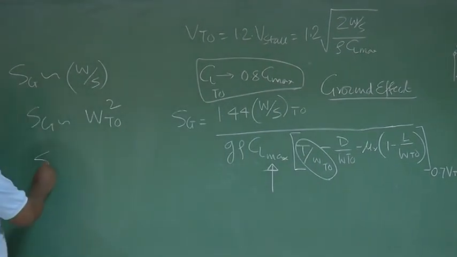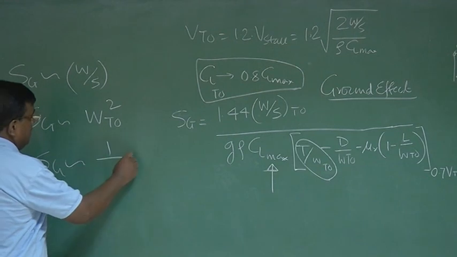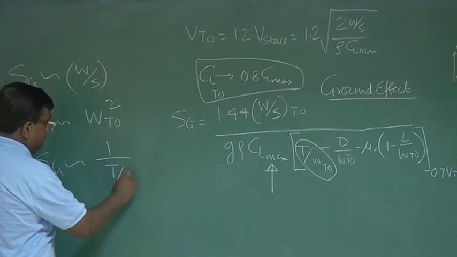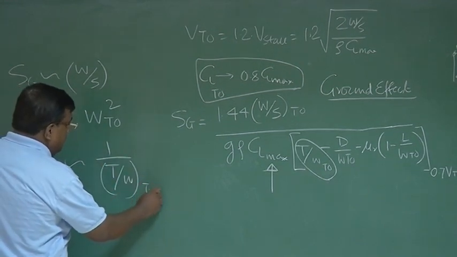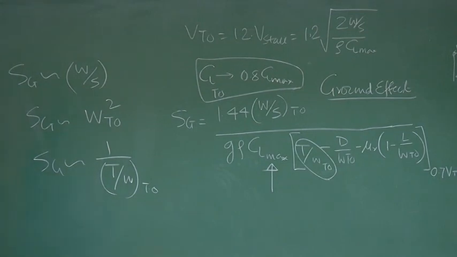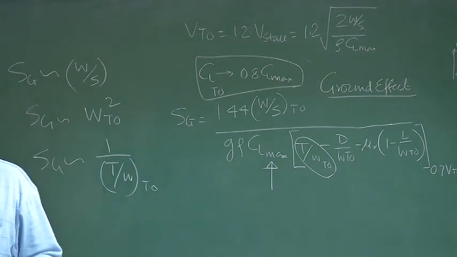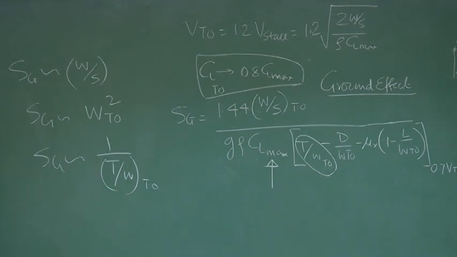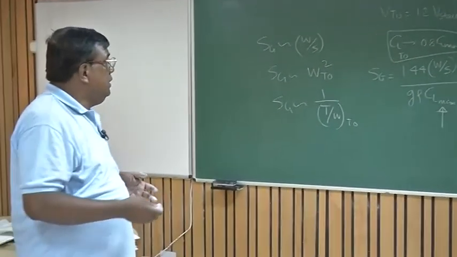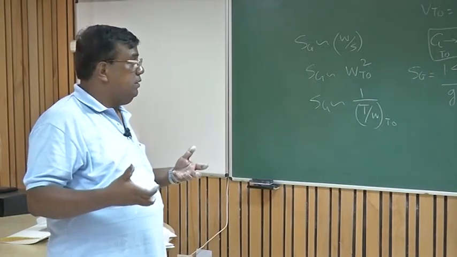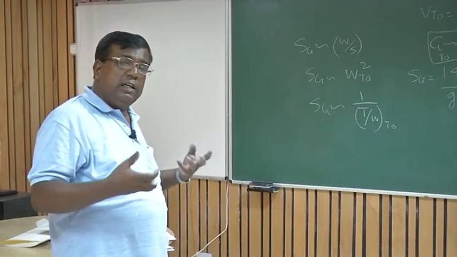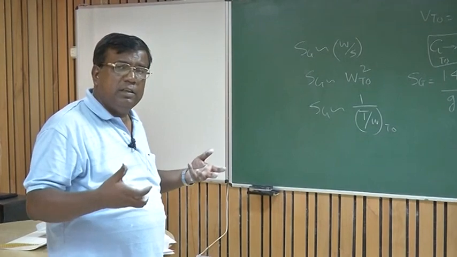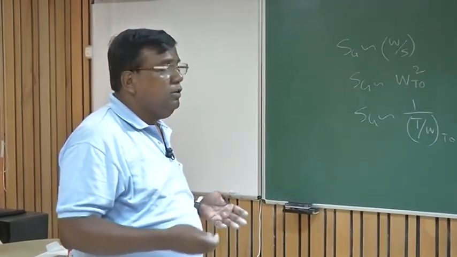This SG, if we have an engine whose T by W is very high, that will help in reducing the SG distance, that is ground roll distance, which is also obvious. If I have a very thrust efficient engine, the acceleration will be faster because T by W is high, so SG will be less.